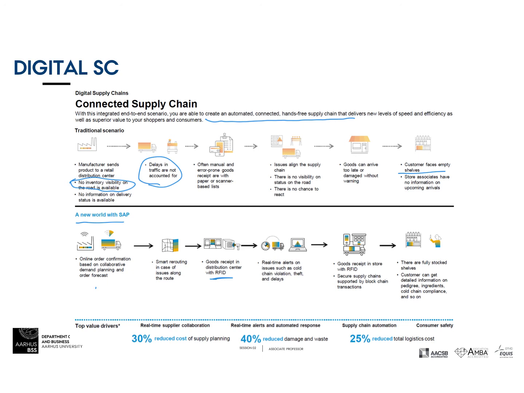In the warehouse and in the transportation process, you can see real-time alerts on issues such as cold chain violation, theft or delays, and also goods receipt in the store with RFID, and a secure supply chain supported by blockchain transactions. There are fully stocked shelves, and customers can get detailed information on the origin, the ingredients, cold chain compliance, and so on.